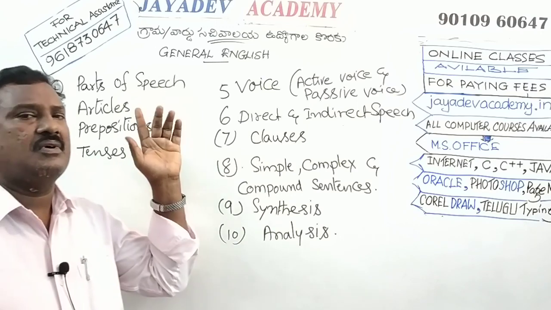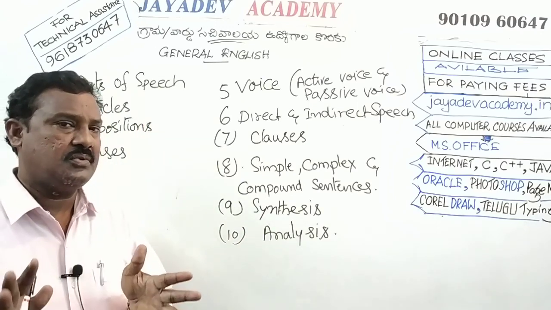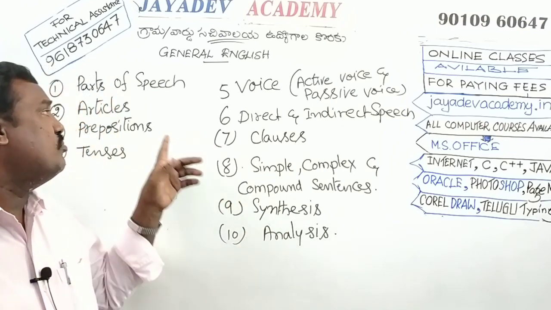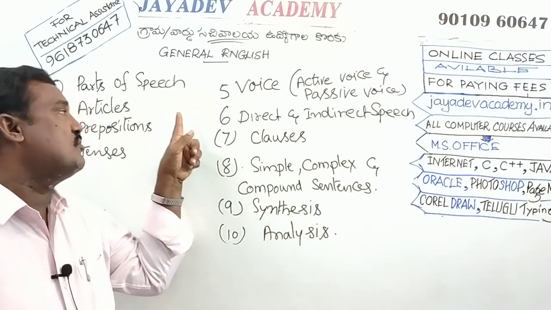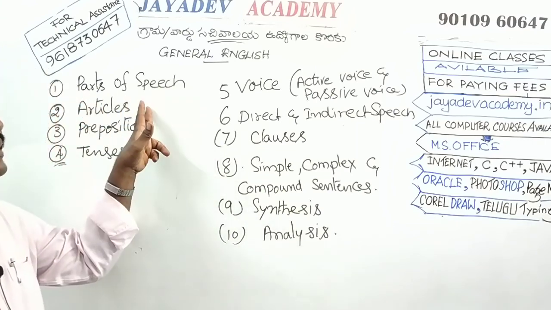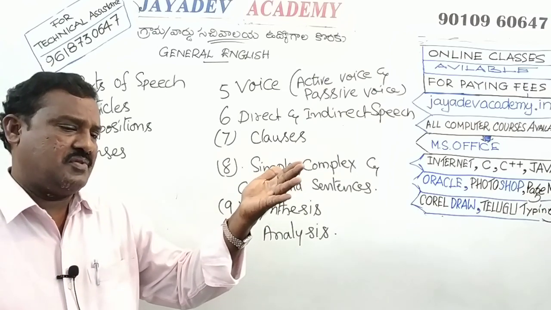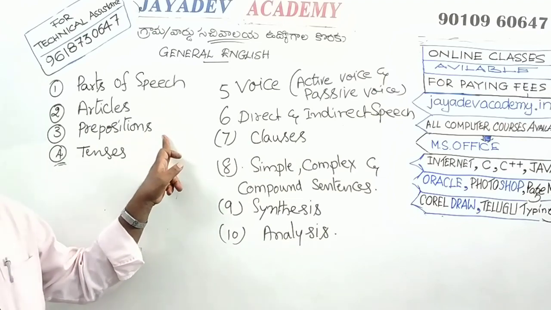Now vowel sound: A, E, I, O, U. With the help of A, E, I, O, U we can form some vowel sounds. Before vowel sounds, before a singular noun only, we have to keep an. Now article the. The is used before different things. Later we can discuss.